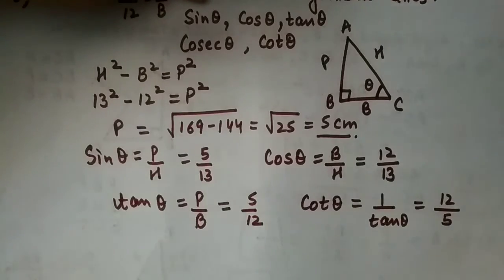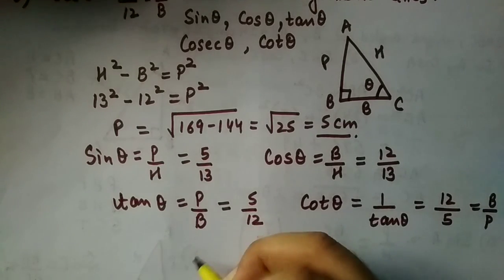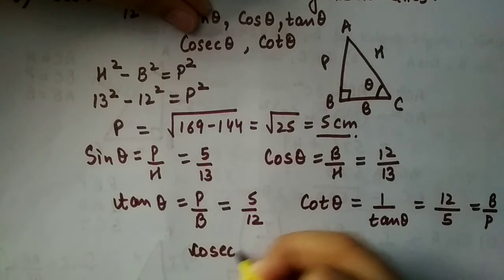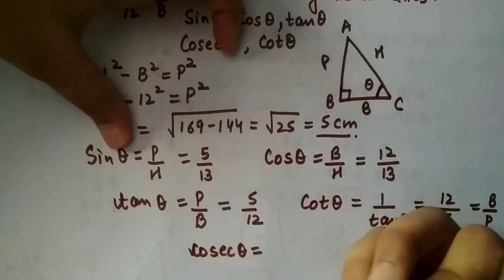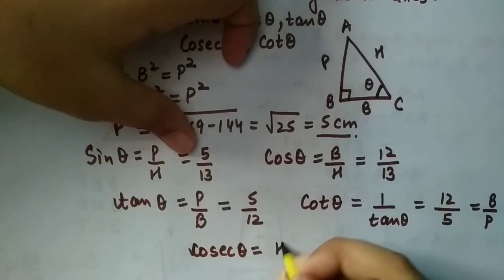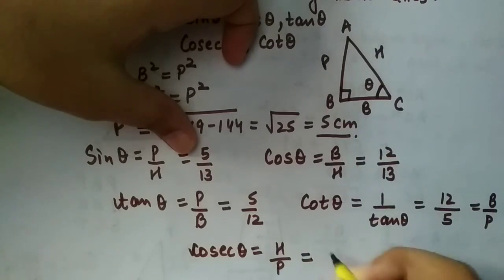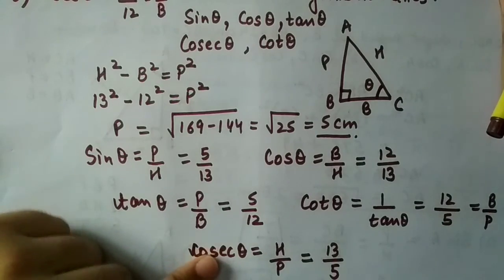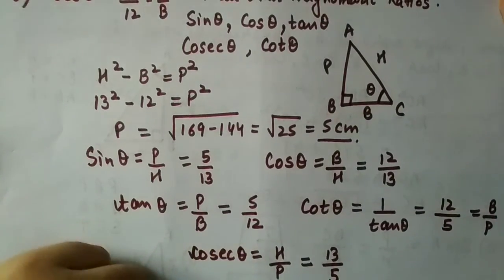Or you can say cot theta is base upon perpendicular, so it is also 12 upon 5. Now one is left, that is cosecant theta. Cosecant theta is reciprocal of sine theta, so it would be 13 upon 5, or you can say it is hypotenuse upon perpendicular, that is 13 upon 5. So in this way you know the value of all the trigonometric ratios.